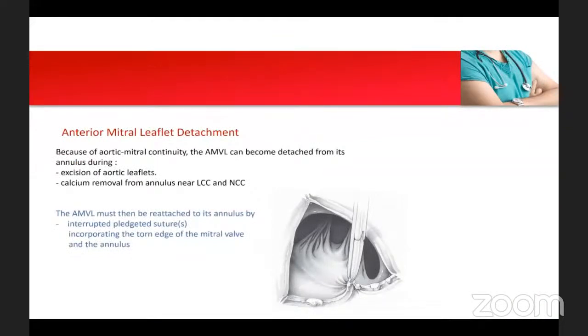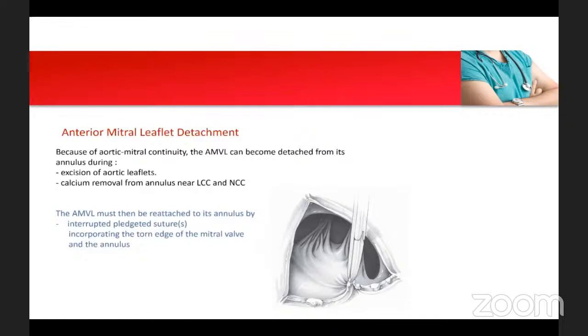Another complication to avoid is anterior mitral valve leaflet detachment from the annulus because of its continuity. So during excision of the aortic leaflet and calcium removal from the annulus near the left coronary cusp and the non-coronary cusp, the aortomitral continuity might be disrupted here, leading to disruption of the mitral valve.